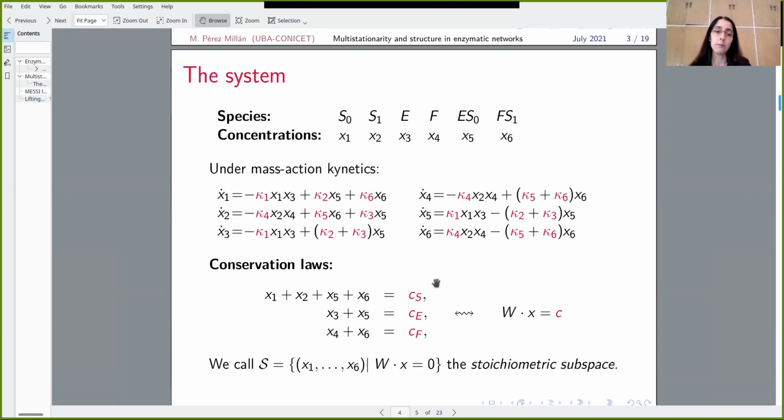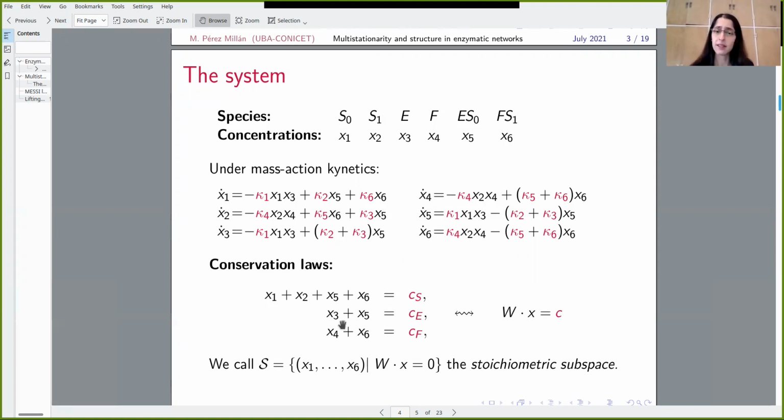And in these biological networks, they usually have a biological meaning. For instance, this last equation, X4 plus X6 equals CF, means that the enzyme F is either free or bound to the substrate S1. So the total amount remains constant, and this is this CF.